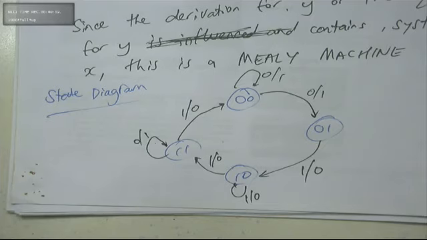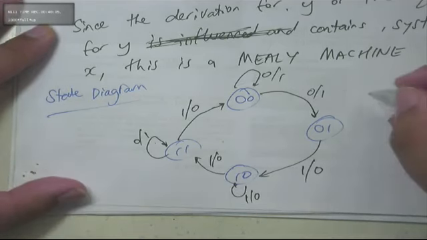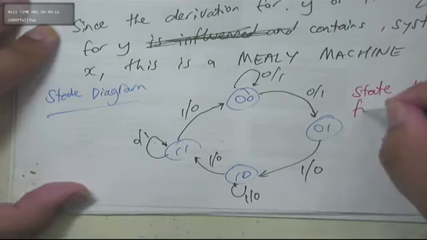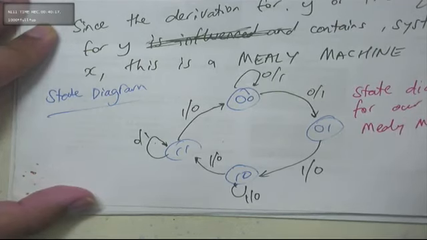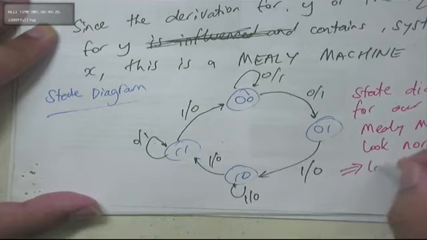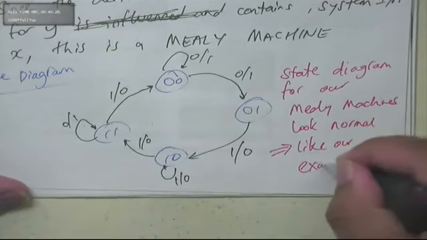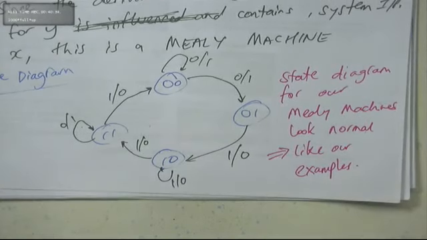This is where I made the error. Apologies. We'll correct that now. So the state diagram for our Mealy machines looks normal, like our examples. Set? Now, let me draw the Moore one.